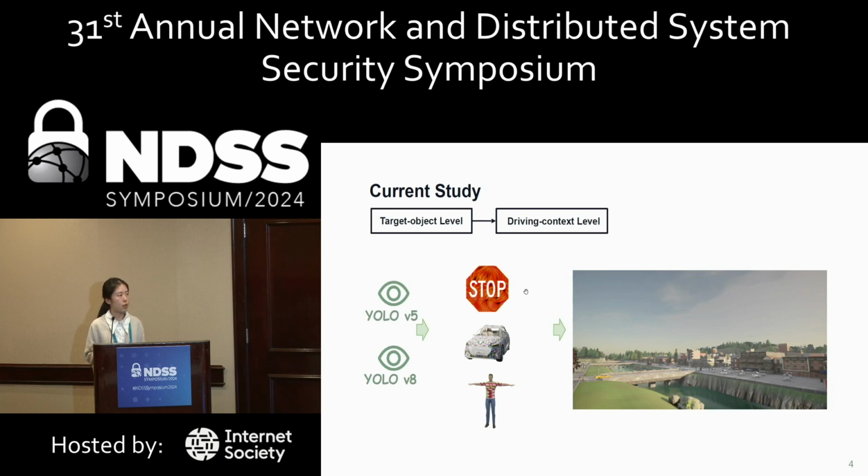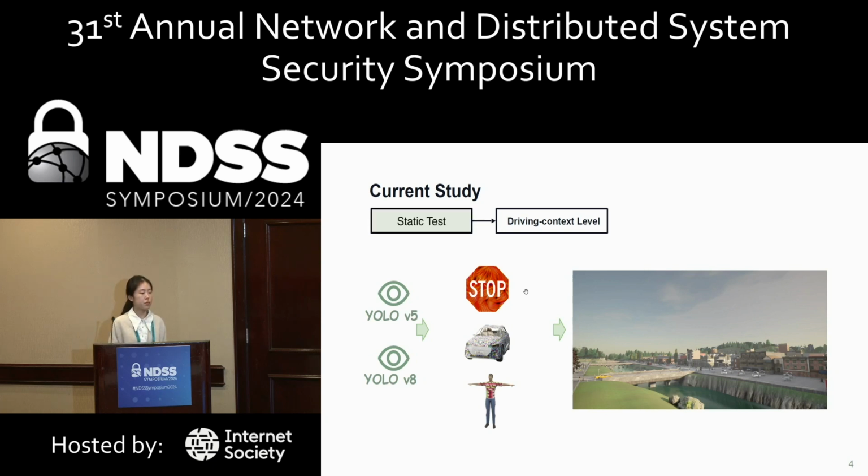We chose three widely investigated kinds of attack: the stop sign, the vehicle, and the pedestrian evasion attacks. We created our experiment in the CARLA simulator.